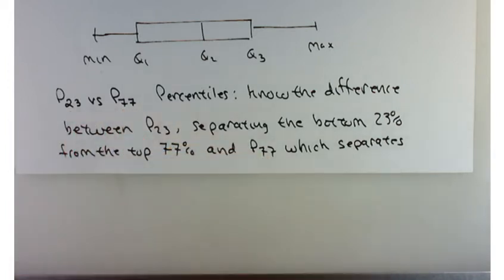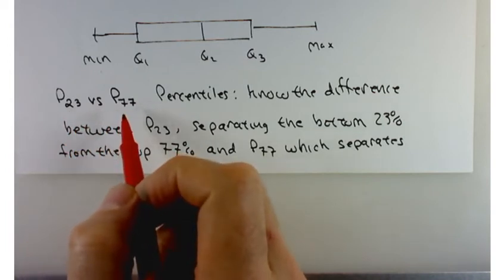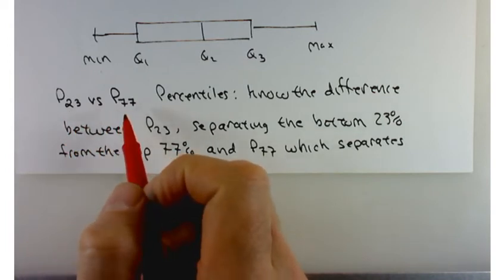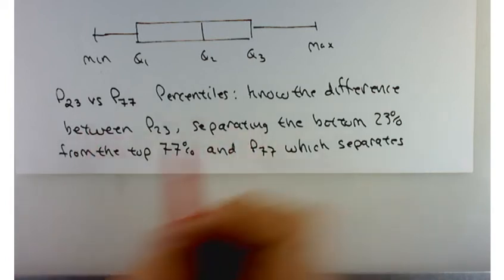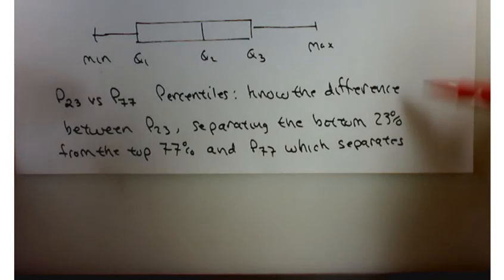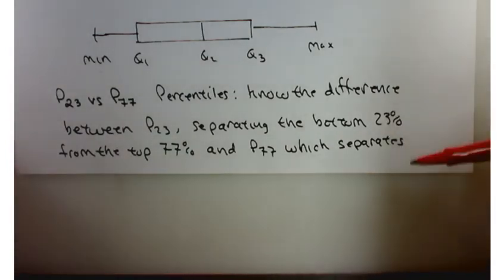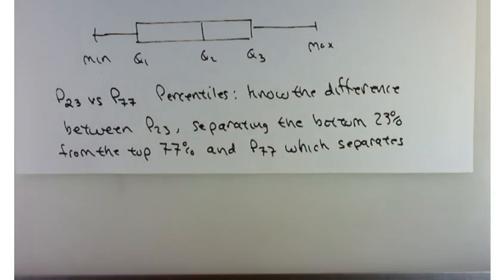If you were getting your results back from the SAT, where would you want to be, in the 23rd percentile or the 77th percentile? 77th, because that means 77 people are below you for every 23 people above you. So make sure you have those two straight. That's a calculation that you can again do on Google Sheets. We're not going to spend time on the actual calculation itself, but on the understanding. So make sure you know the difference between those two.